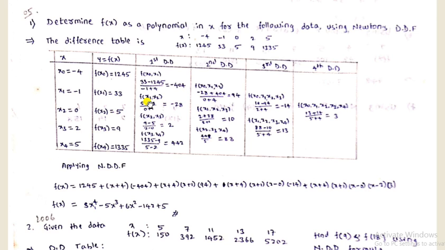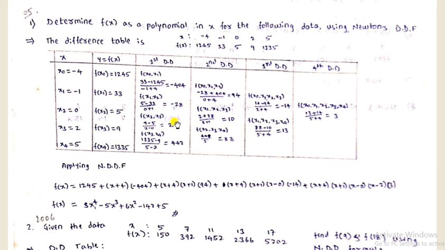Then f of x1 x2 becomes 5 minus 33, whole divided by 0 minus of -1, that becomes +1, so its value is -28. Similarly calculate f of x2 x3 and f of x3 x4, which gives the first divided differences. Then the second divided difference is f of x0 x1 x2.